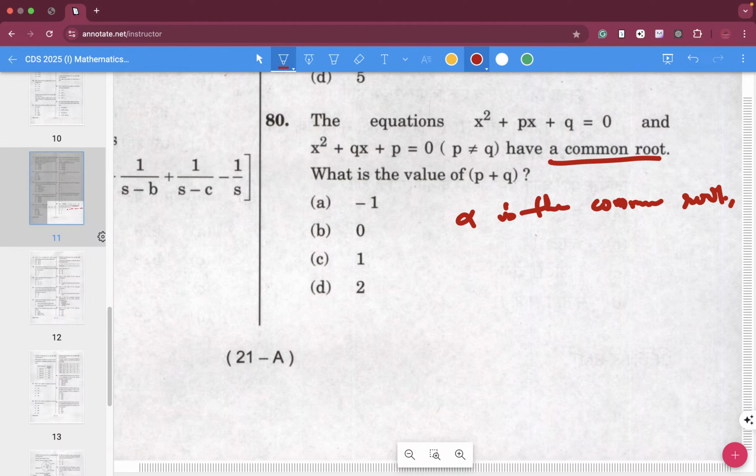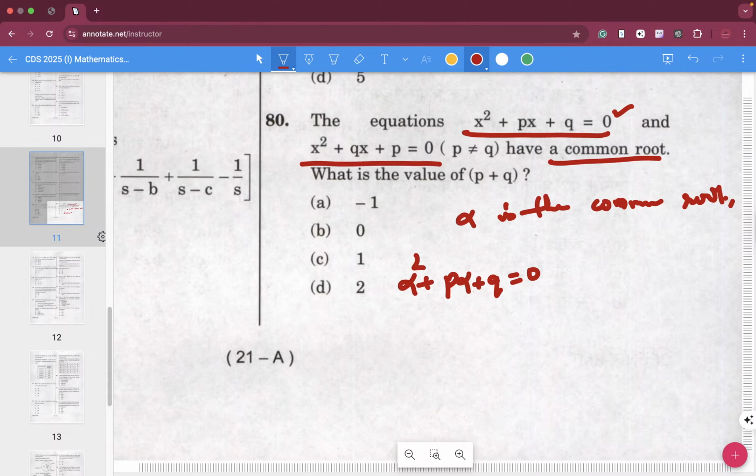So if alpha is the common root, if I put alpha in this particular equation, it becomes alpha square plus p alpha plus q is equal to 0. And if I put alpha is equal to x in this other equation, it becomes alpha square plus q alpha plus p is equal to 0.